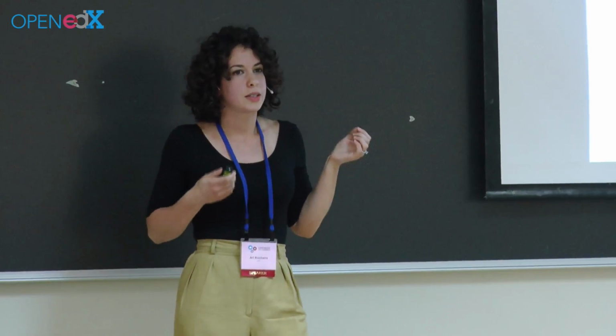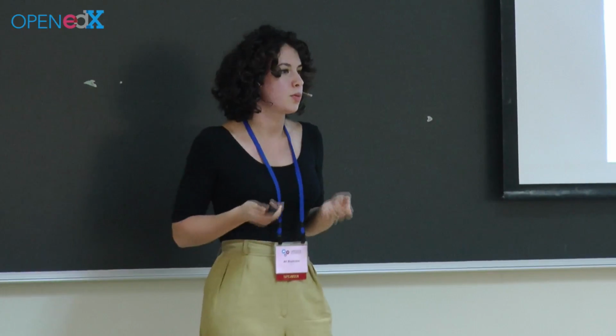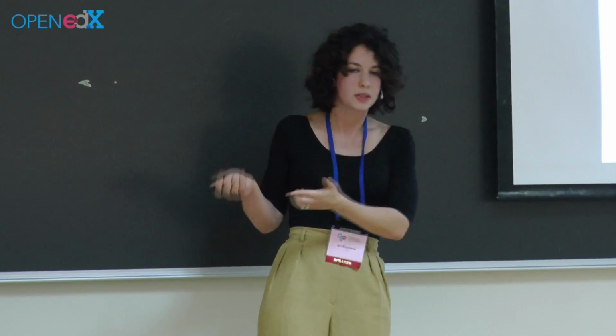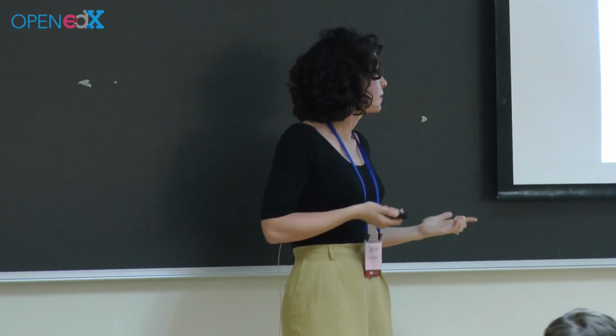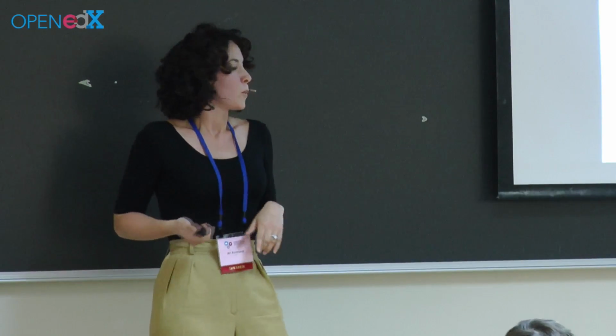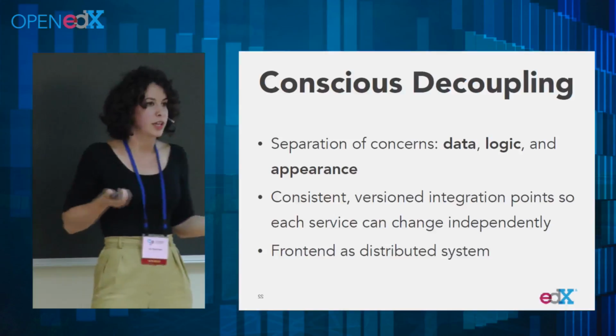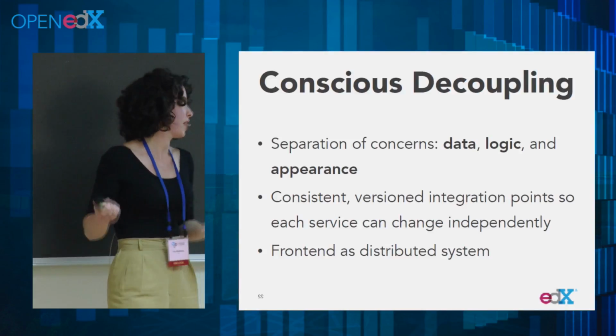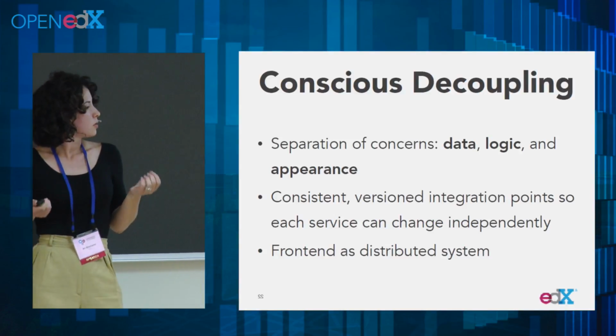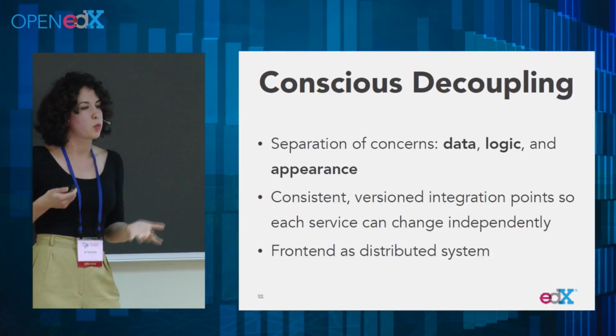So we've got multiple components to this. We've got data, we've got business logic, and we've got the appearance of the pages. And those three things definitely overlap. They definitely relate to each other, but they don't all need to depend on each other. So how do we make this work?